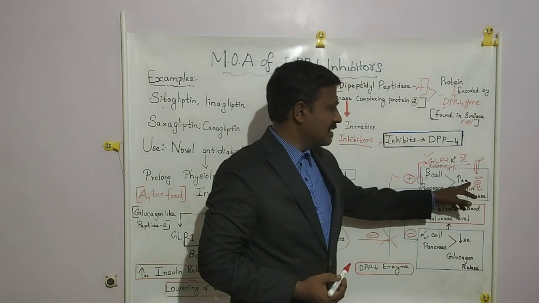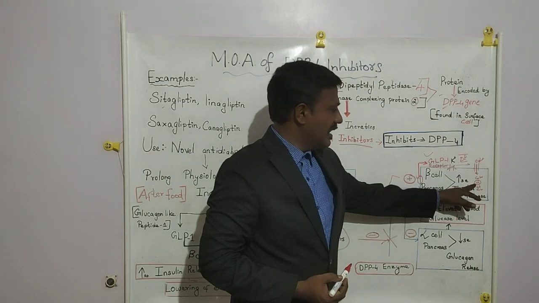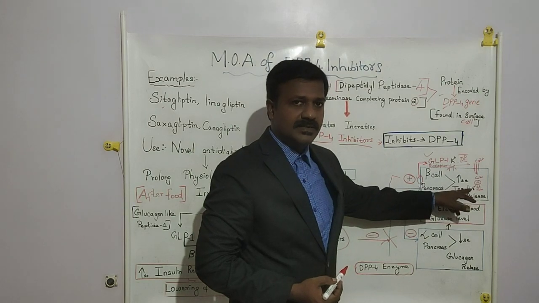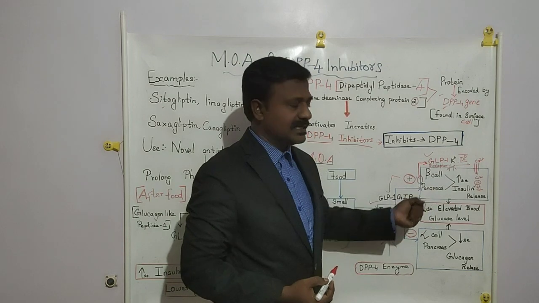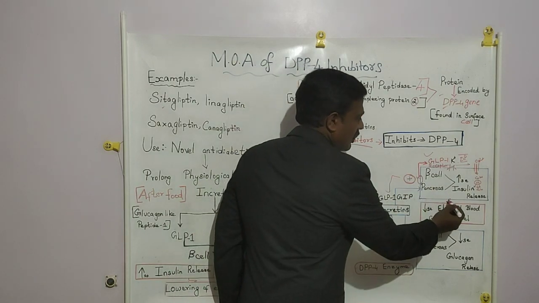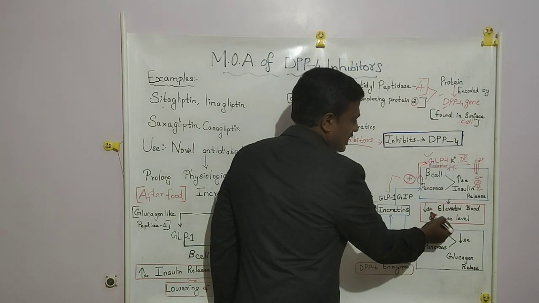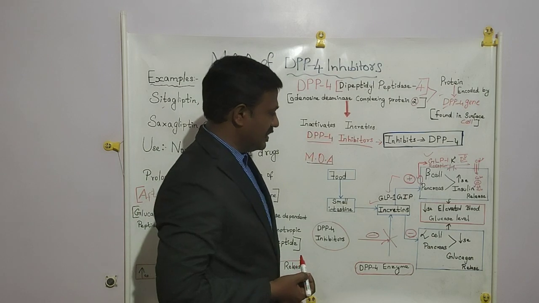These calcium ions also trigger the sarcoplasmic reticulum of the beta cells, which starts to release further calcium ions. These calcium ions cause the beta cells to release more insulin into the blood. So this insulin decreases the elevated blood glucose level.